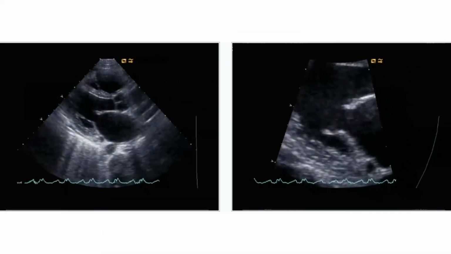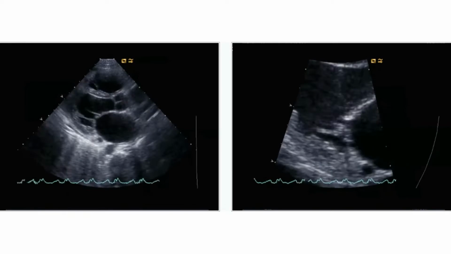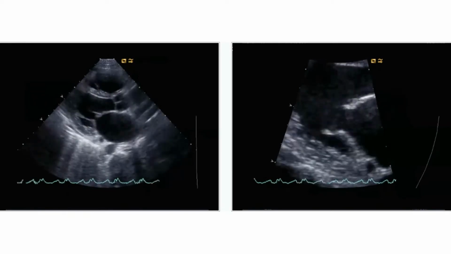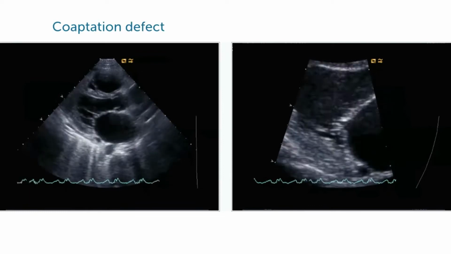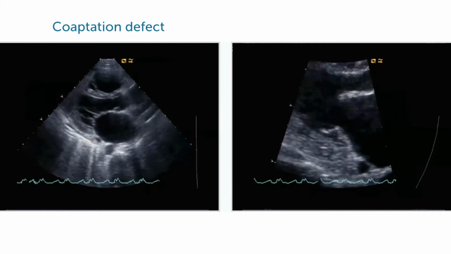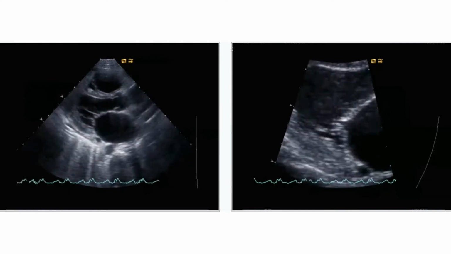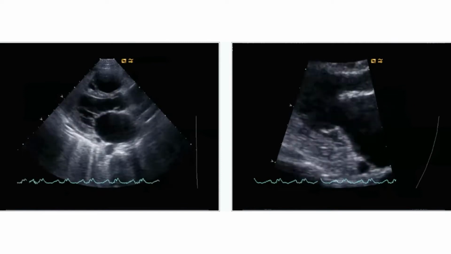Yeah, for instance, in this case where we can really see in a zoom mode the mitral valve on the right part of the screen, and you can detect the missing coaptation of the leaflets, so the anterior and posterior are not even touching. Without even putting color Doppler, you can understand a big, huge mitral regurgitation is behind this.